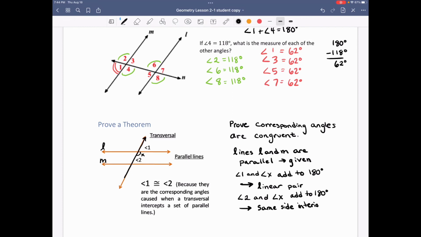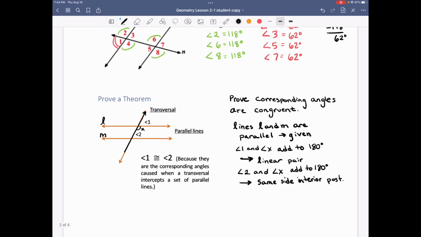That postulate says that same side interior angles add to 180. I'm just going to abbreviate it as postulate. These just take practice, so it's kind of like you memorize it until you can do it on your own.